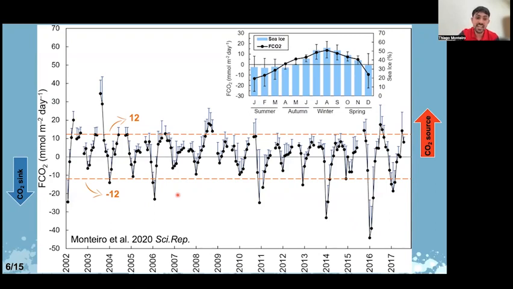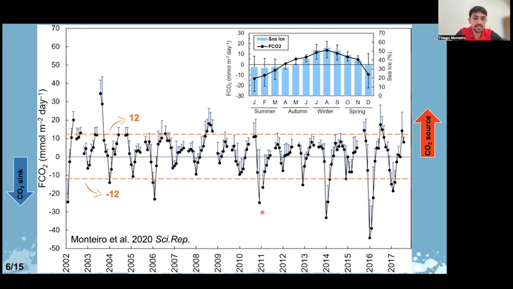So in this figure here, just to remind you, the negative value is the CO2 sink, and the positive value is the CO2 source. Each black circle here is the average for each month from 2002 to 2017.